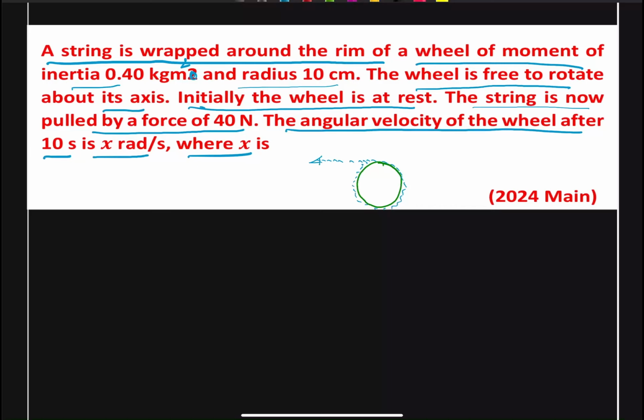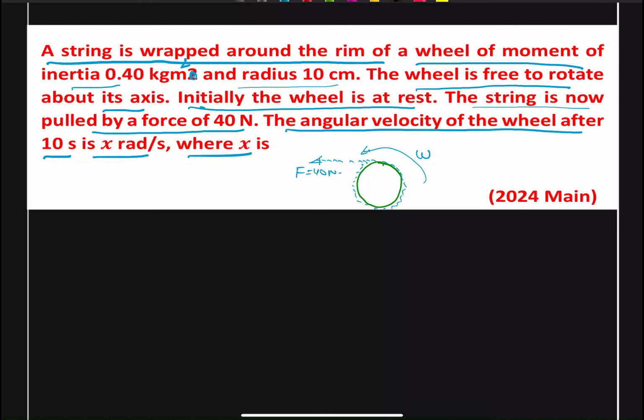We are going to apply a force F, which is 40 Newton, and this is free to rotate. So it is going to rotate in this direction with the angular velocity omega.